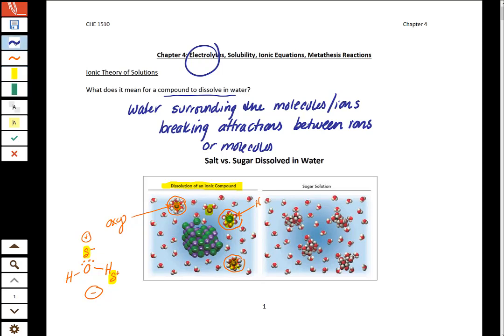So let's contrast this to something that's not ionic: a molecular or covalent compound. Just to make sure, molecular and covalent actually mean the same thing, but people are starting to update their terminology, so don't freak out about that.